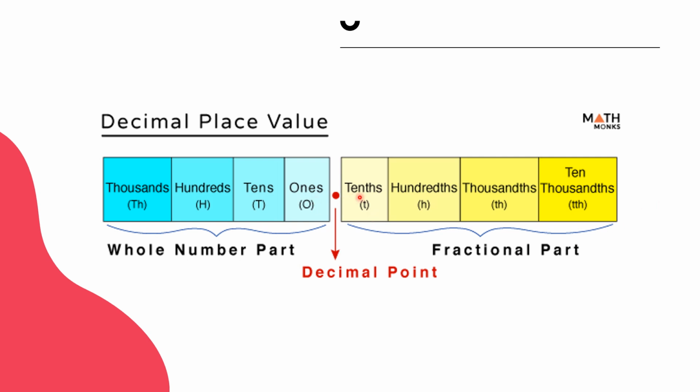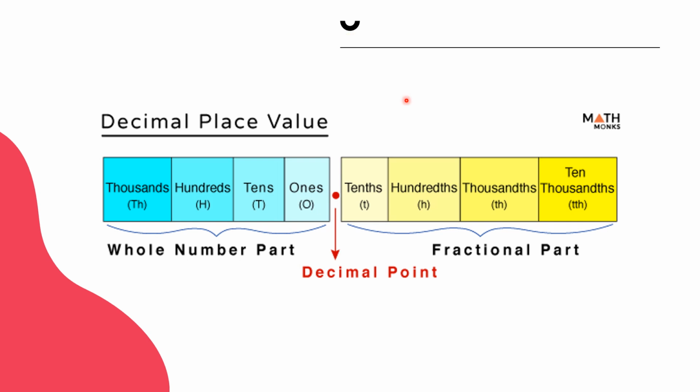All right, so a tenth, any number that is in the tenths place, say for example, there's a 4 in the tenths place, we would say that represents 4 tenths.